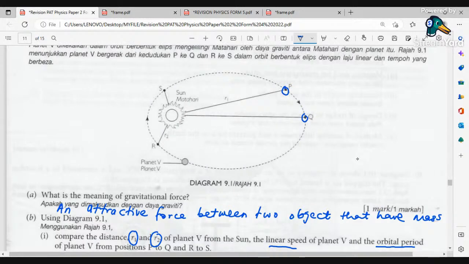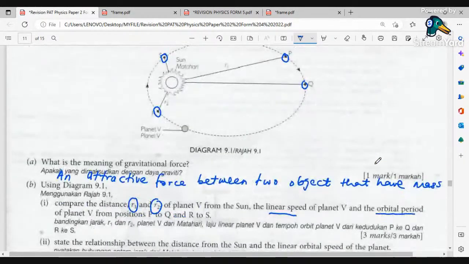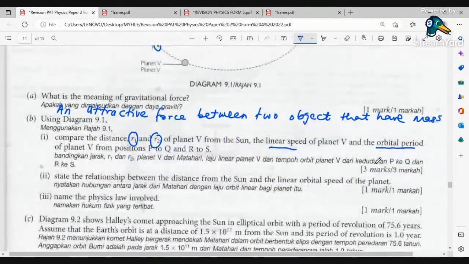Another one is R to S. You kena compare dia punya R, linear speed dengan orbital period. And then relate between distance from Sun and linear speed. Then name the physics law involved.